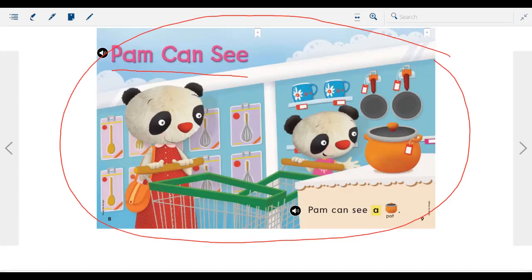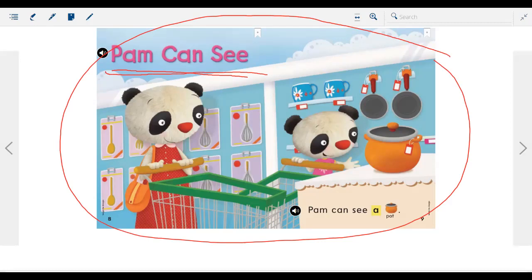I make sure that the book is not upside down so that I can read the words. When I turn each page, I stop and I read the words on it. So the title is Pam Can See. That's the title of this book.